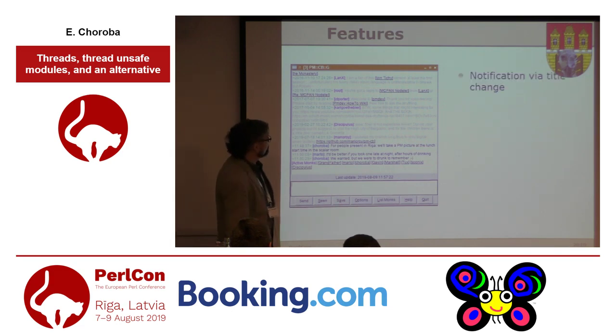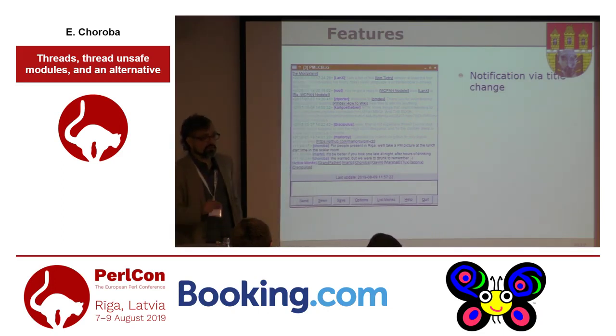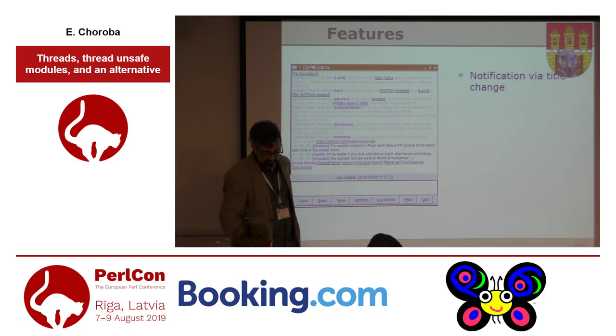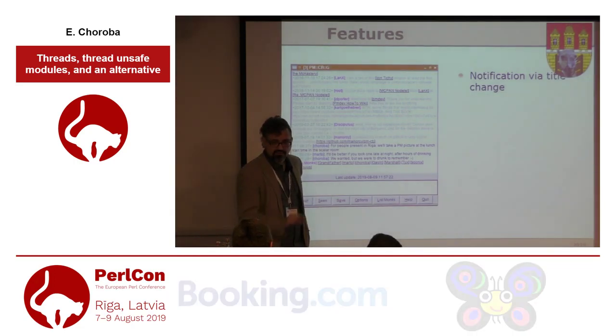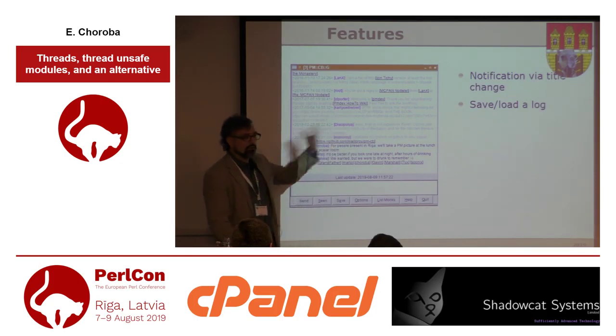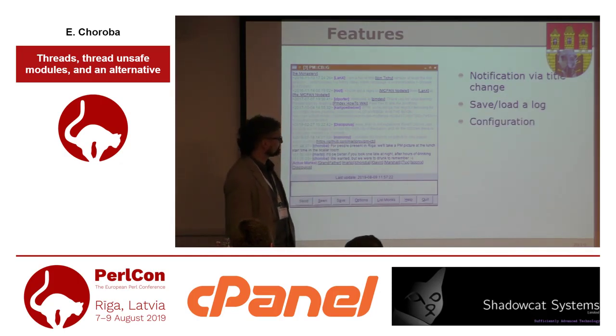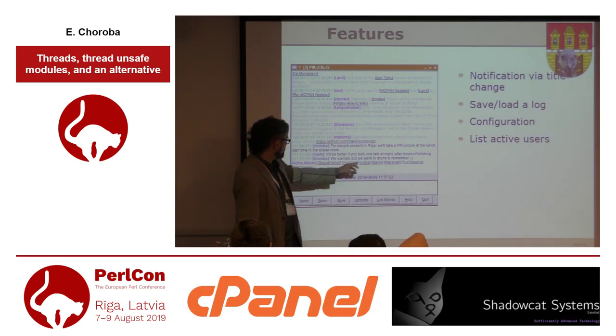This is how the client looks. If there are new messages, you are notified in the title, which is also displayed in the panel. You can save the log and load it next time to have context.